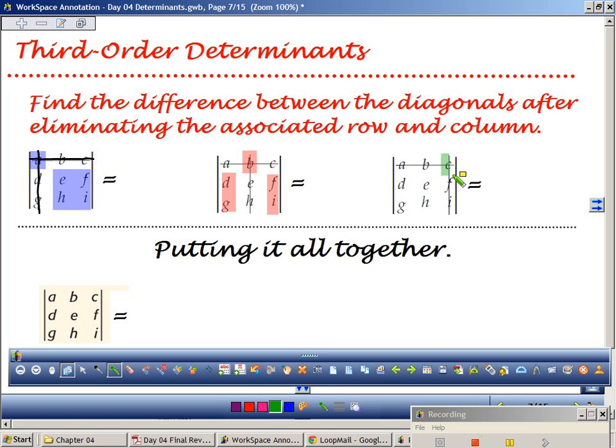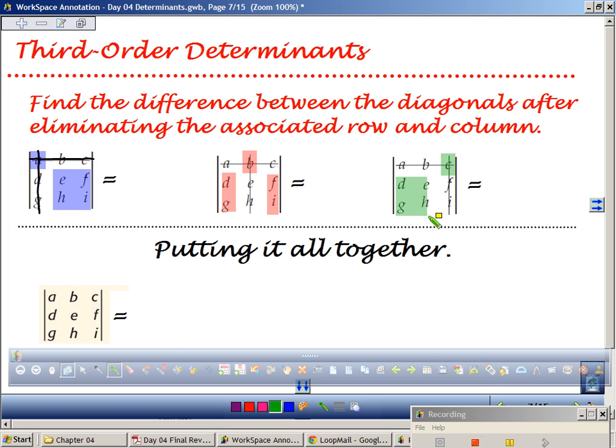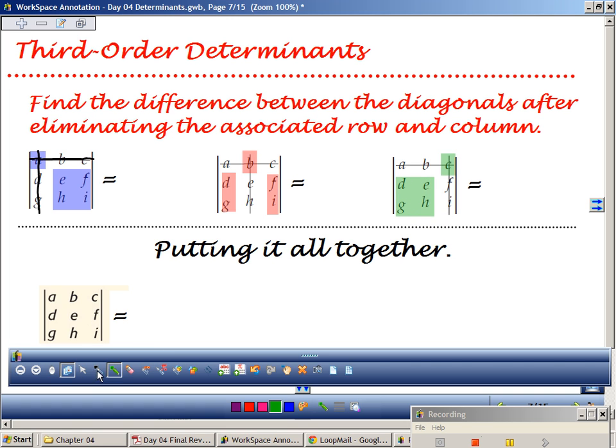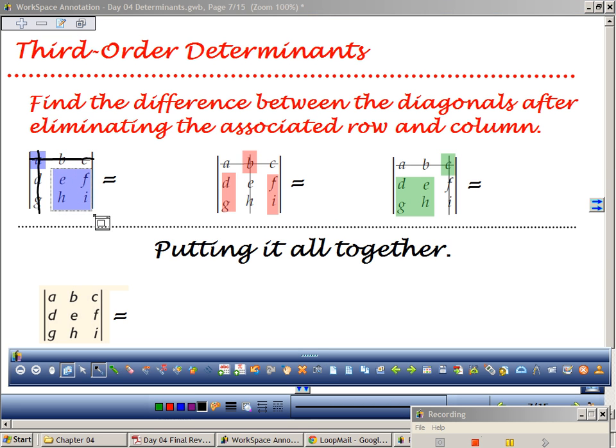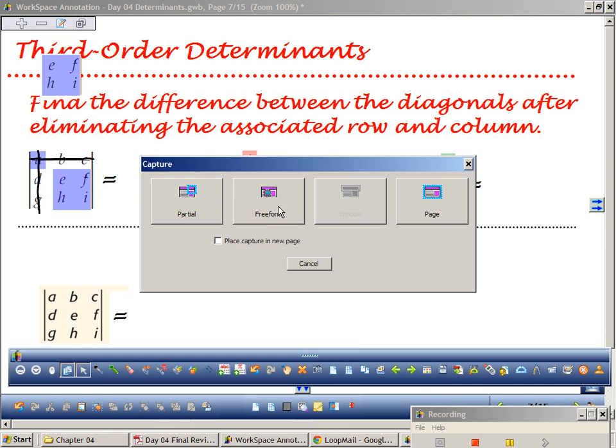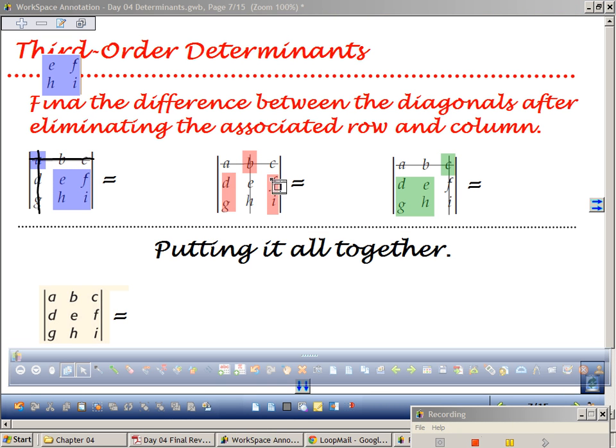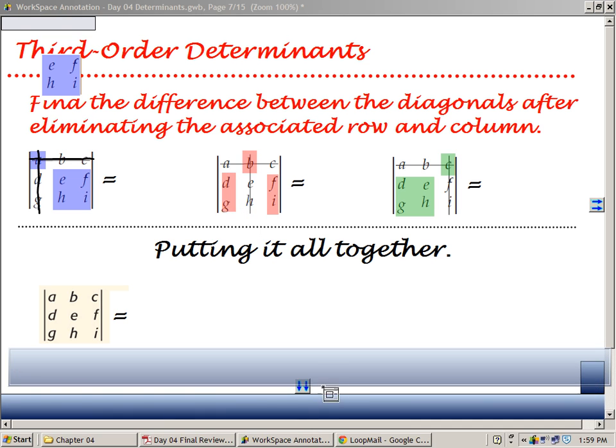C leaves me with D, G, E, H. So what that looks like, let me take pictures of each one of them. I can't take a picture of this one, so we'll just go side by side.